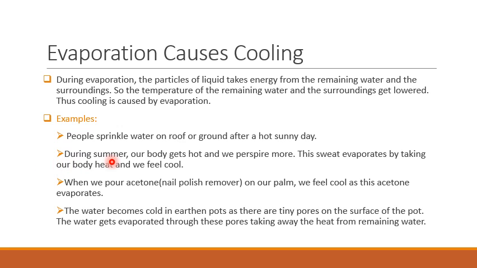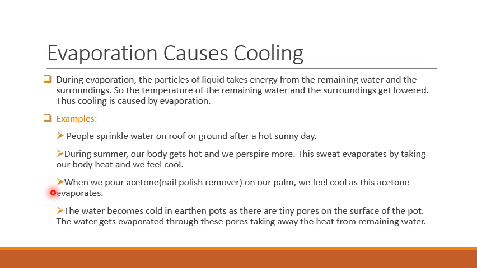During summers, our body gets hot and we perspire more. So this sweat evaporates by taking our body heat and we feel cool. This is the way our body maintains the temperature because during summers it tends to get hot but because of the sweating we feel cool or our body temperature is maintained constant.